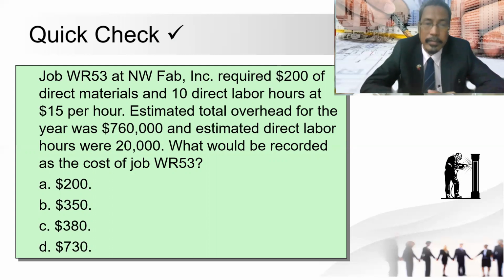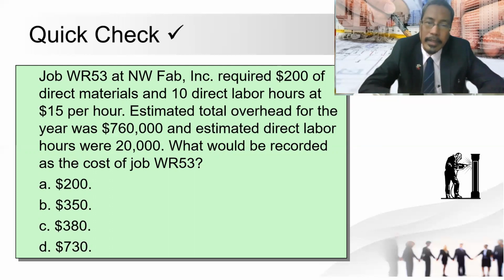For the overhead, manufacturing cost, 760,000 for 20,000 hours. So let us divide this. That is $38 per hour. Okay, $38 per hour times 10 hours because there are 10 direct labor hours.